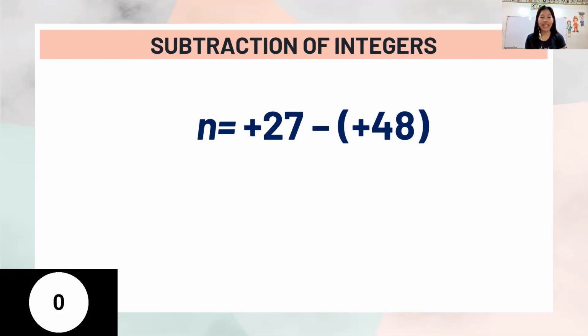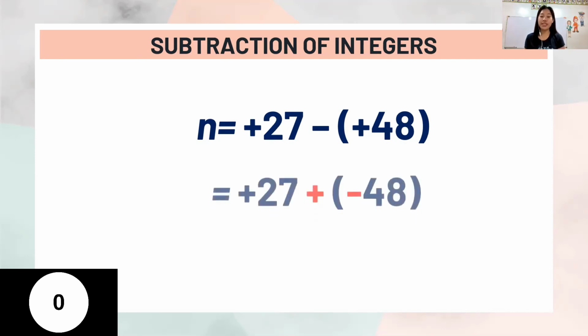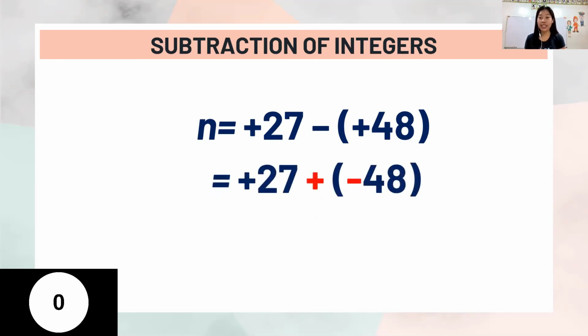It's up. Let us check if you've got it right. N equals positive 27 minus the quantity of positive 48. This becomes positive 27 plus the quantity of negative 48. Because the subtraction sign became a positive sign, and the sign of the number after the operation sign is positive, in the second row, as you can see, it became negative because we have to replace it with its opposite.